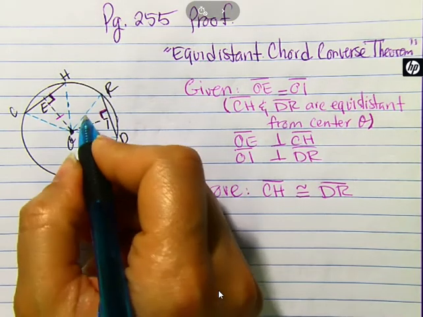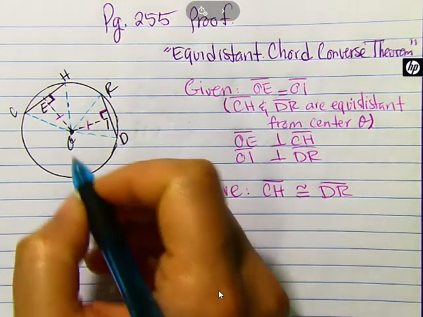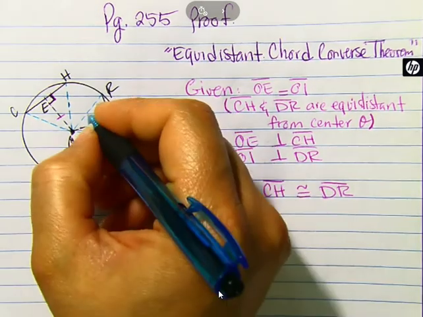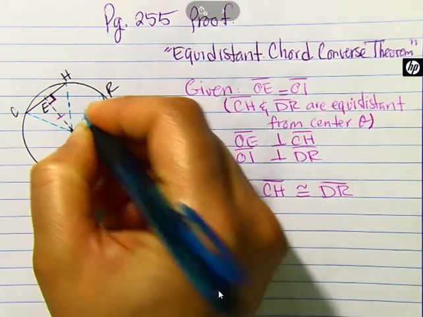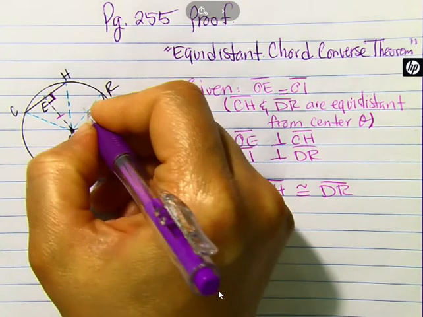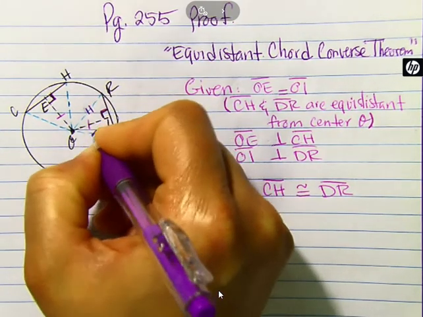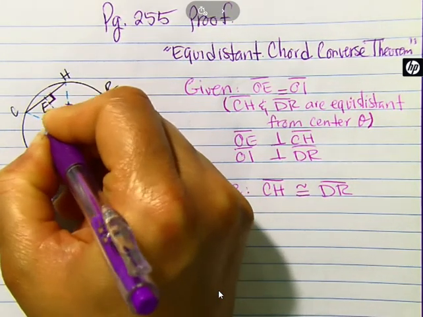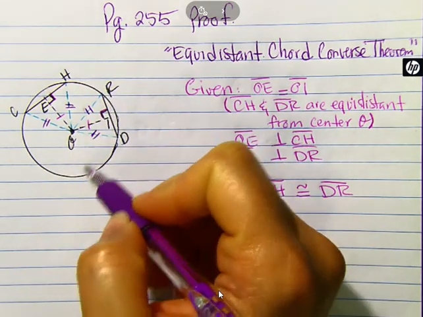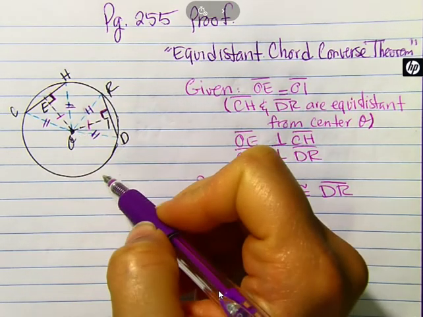I have constructed radii in the circle. These four radii are all congruent. These four radii provided me with additional information. Let me just go ahead and mark them. I have now triangle IOR and IOD congruent to one another.